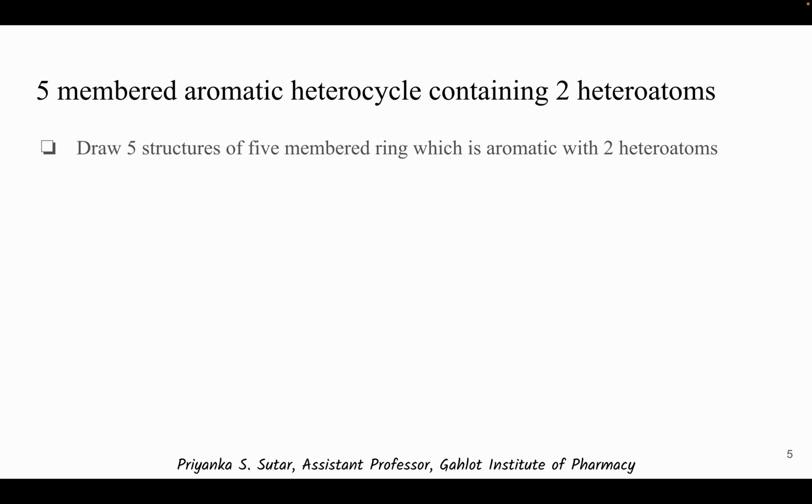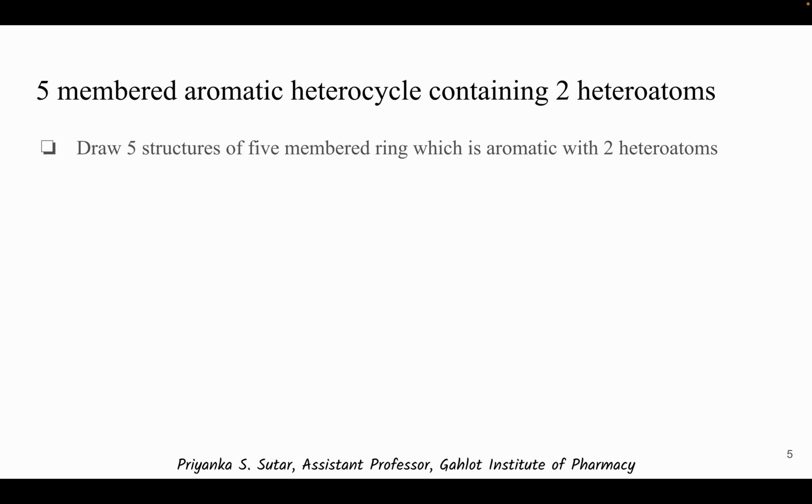So here is the first instruction. You should draw 5 structures of 5-membered ring. You have to draw a ring which consists of 5 atoms, and it should be aromatic. Aromatic means conjugated double bond and single bond, and it should contain 2 heteroatoms.